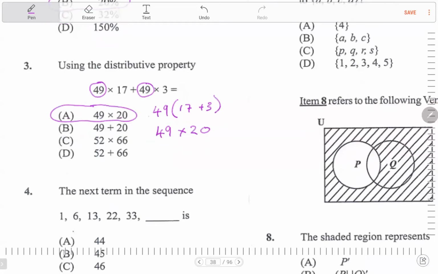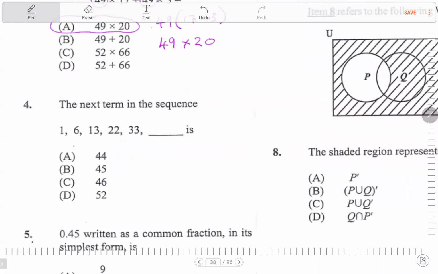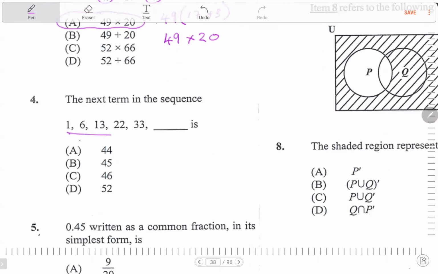All right. This one says, what is the next term in the sequence? It's a matter of observing what is happening in the sequence so we can decide what's next. First, there's a plus 5. So they keep adding, right? You add 5 first, then you add 7 to get that one. Then you add 9. So you keep adding 2 more each time.